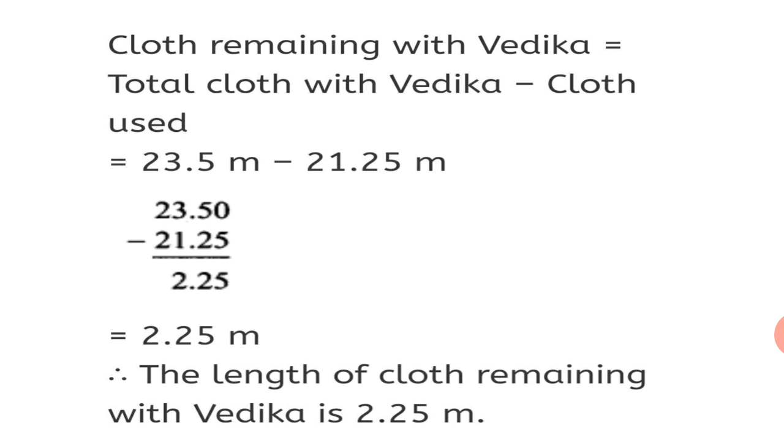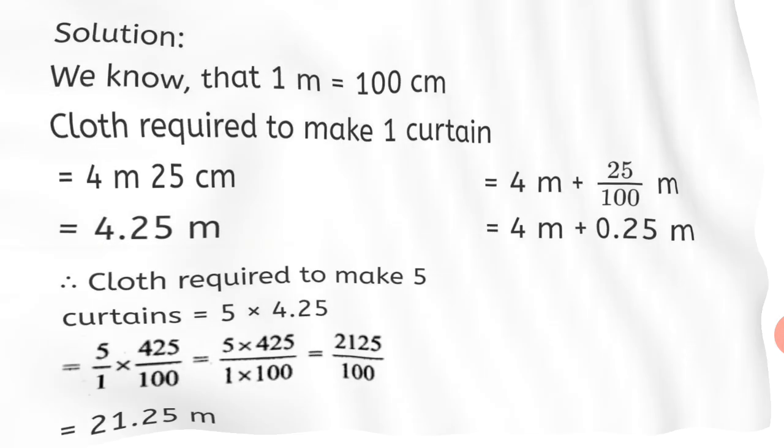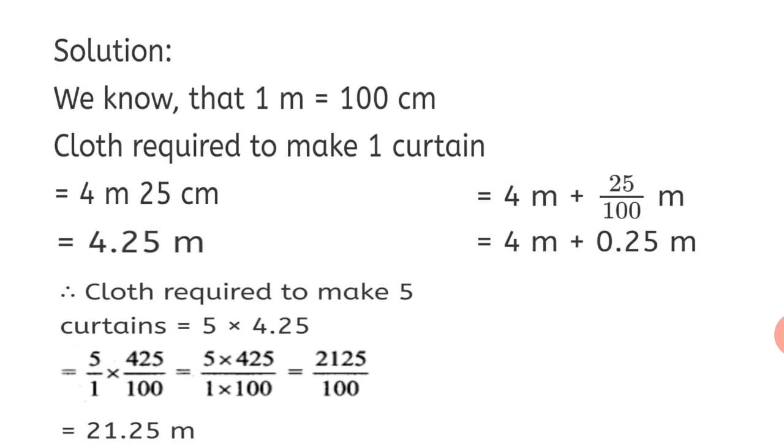Okay. So in this sum, what have we done here? First, we converted the cloth that she used to make 1 curtain into a decimal fraction, in meters. Then we multiplied it by the number of curtains made. That is, 5 were made. So 5 into 4.25, you got 21.25 meter. This is the cloth she used.